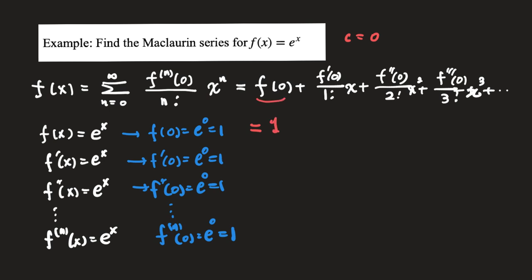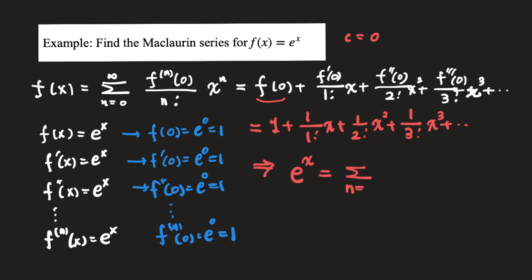So what do we have for this Maclaurin series for e to the x? f of 0 is 1. The first derivative at 0 is 1. The second derivative at 0 is 1. The third derivative at 0 is 1. So the conclusion is that the Maclaurin series for the e to the x function is the summation from n equals 0 to infinity of 1 over n factorial x^n.